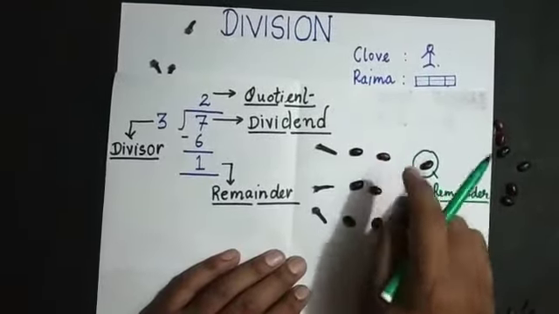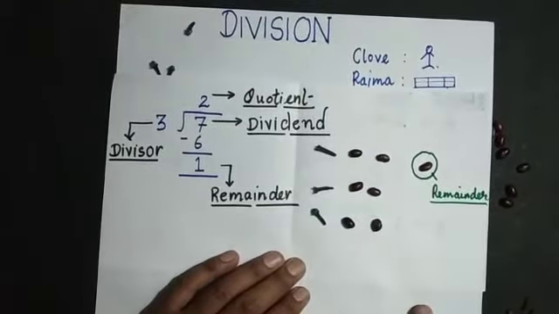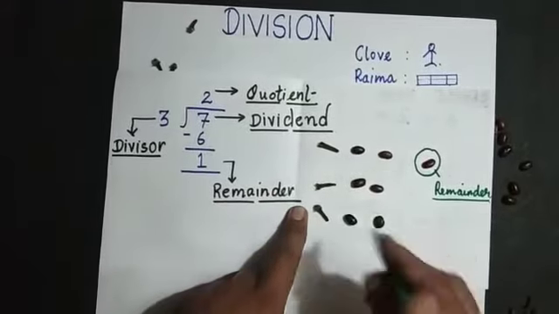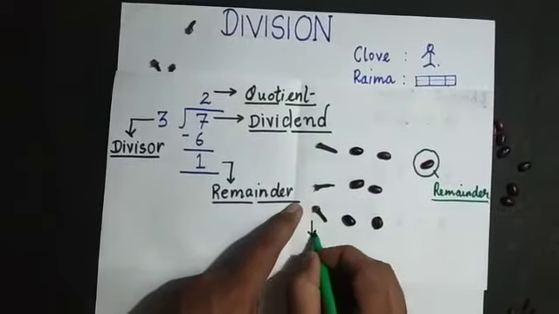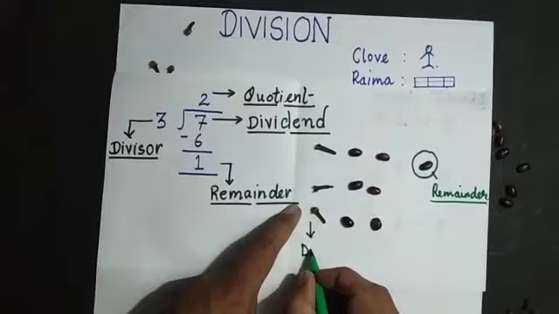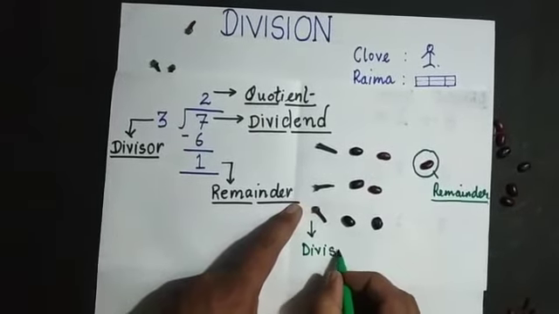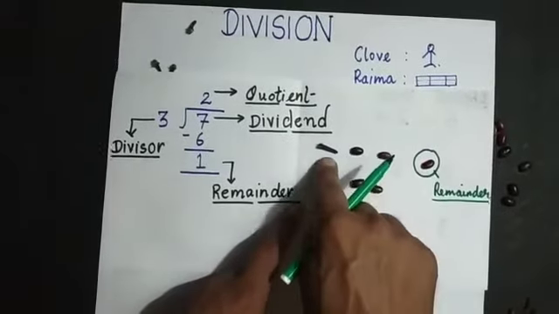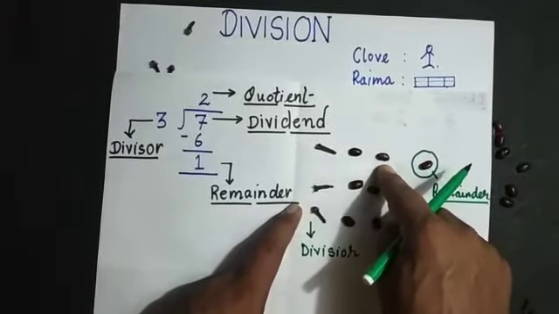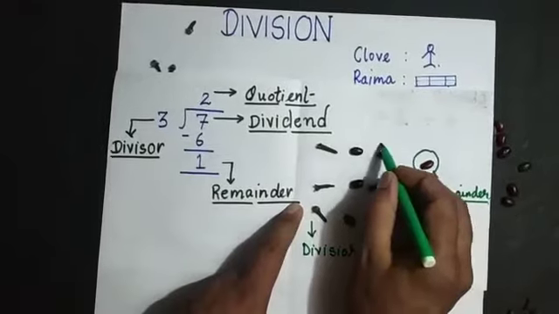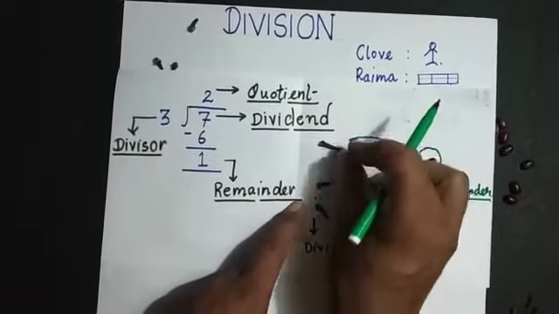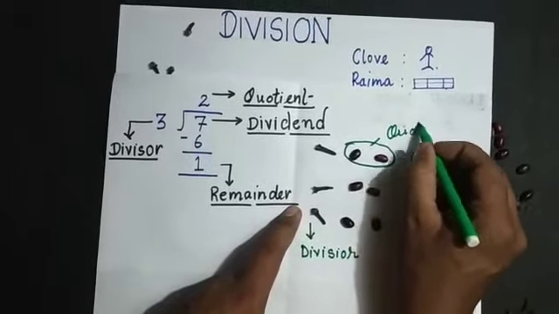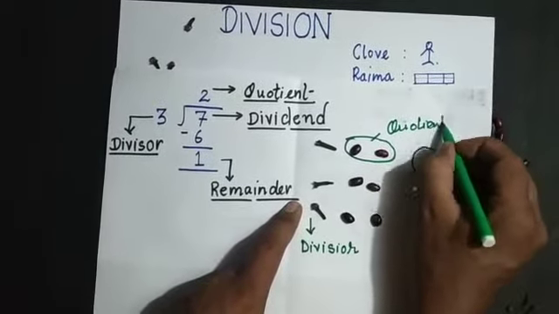These 6 are distributed. And these 3, meaning the 3 persons, is called the divisor. Each person gets 2 chocolates, so this 2 is called the quotient.